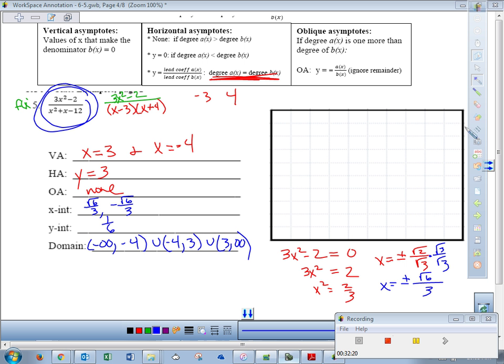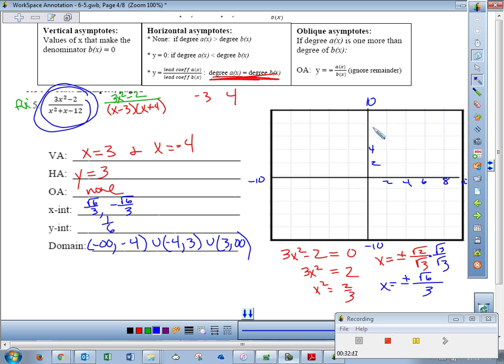Alright, so let's graph all our asymptotes first, after we do our standard window grid, of course. And asymptote.